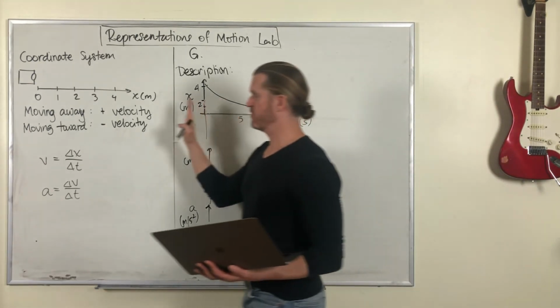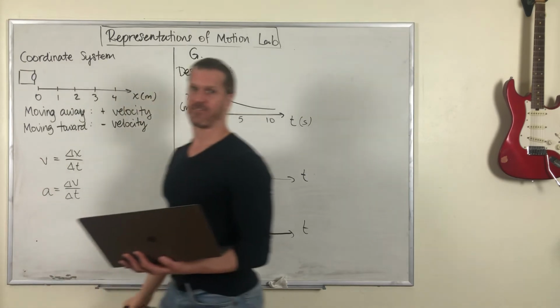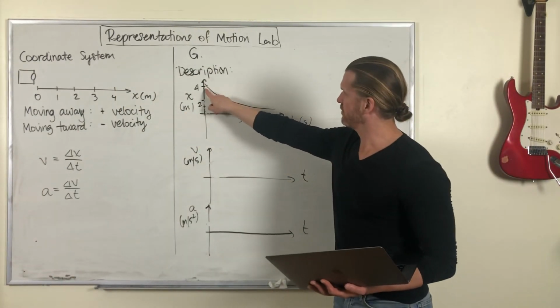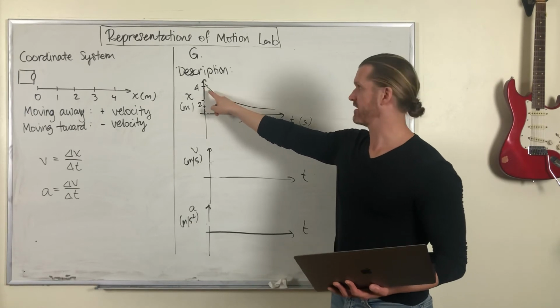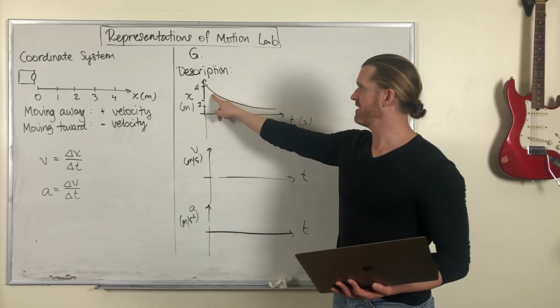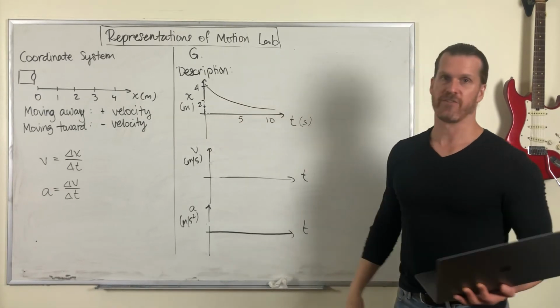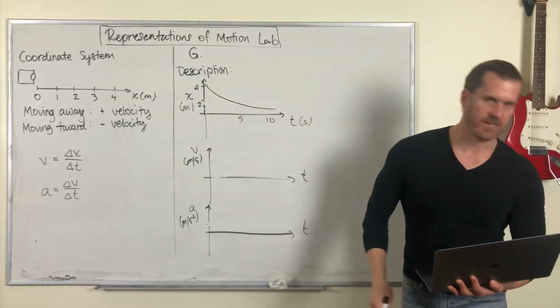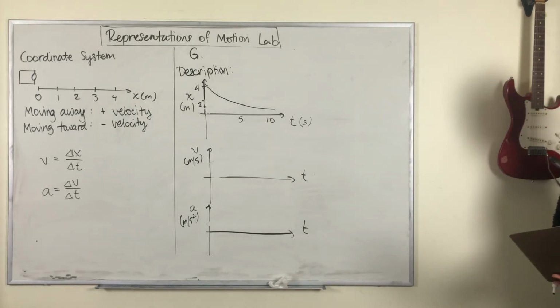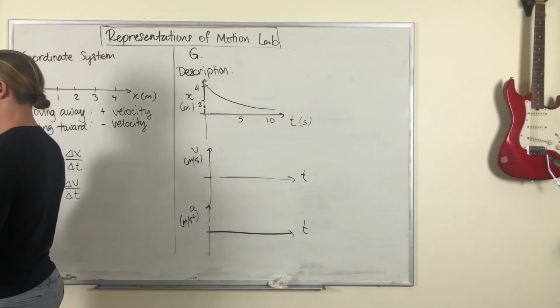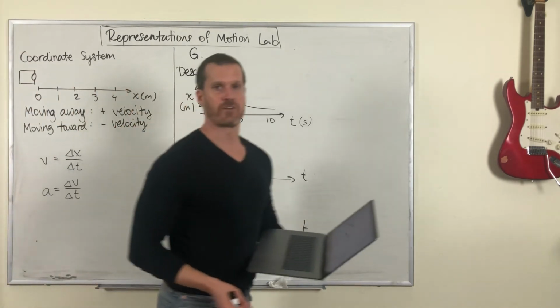So you must be moving toward the sensor. And if you look at how this graph is changing, at the beginning, it's changing a lot. Toward the end, it doesn't change very much. That means that you start walking toward the sensor fast and then slow down as you get closer to it.